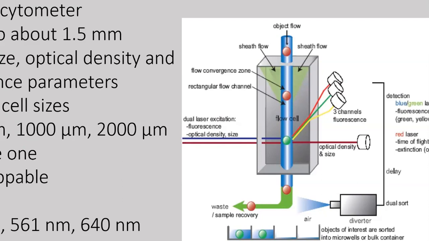So if they are moving at a constant velocity, then they pass through the flow cell and they'll pass through one or more lasers. And in line with one of those lasers is a detector. And as the object passes through that laser, it casts a shadow on the detector.